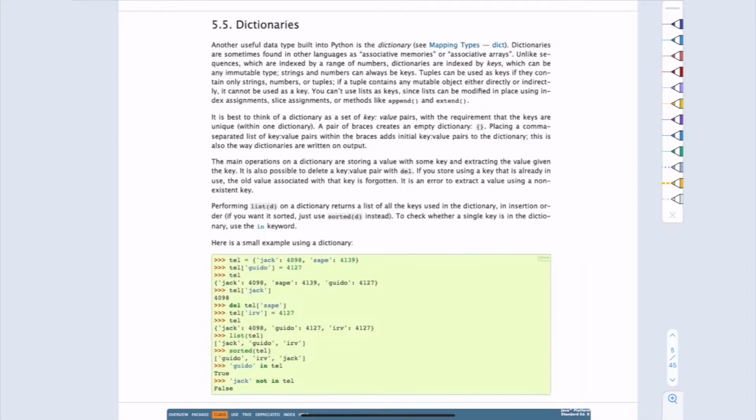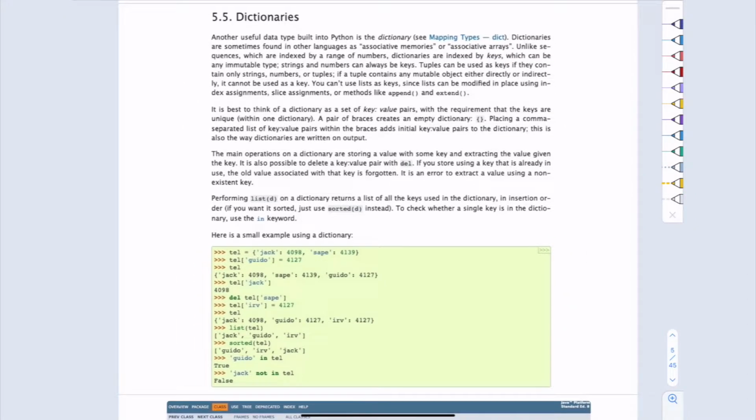Okay, so I'm sure you guys have all looked at this web page a gazillion times. This is what I found online explaining how dictionaries work in Python. I'm sure we all know how it works, but the basic principle is we have keys and values, and we set the value of a key.